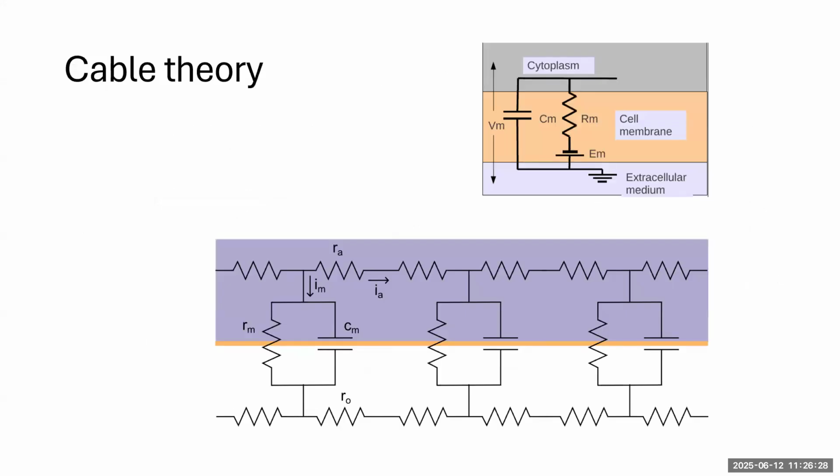Here, that EM. So I can call it EM. So if this is V, the total voltage across this is V minus EM.